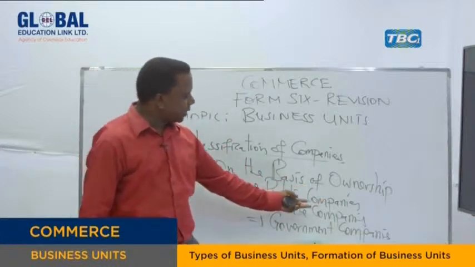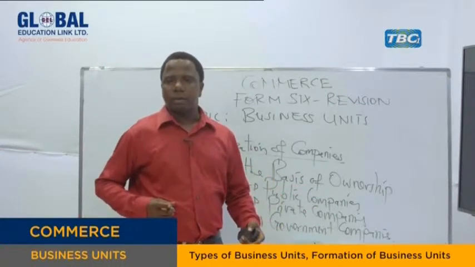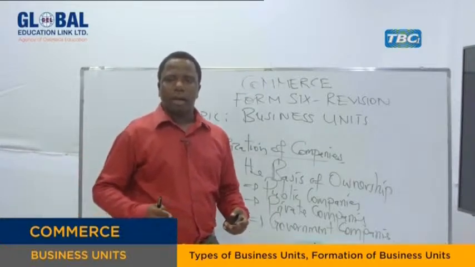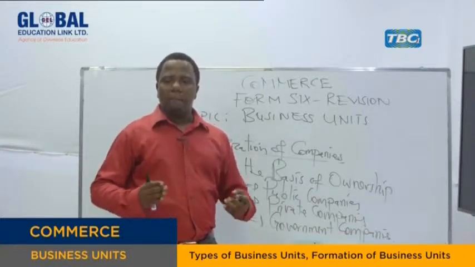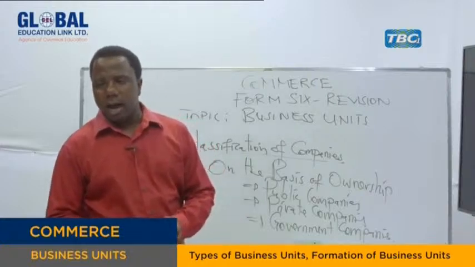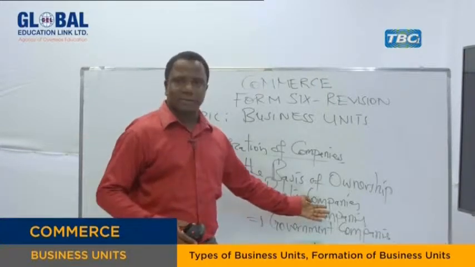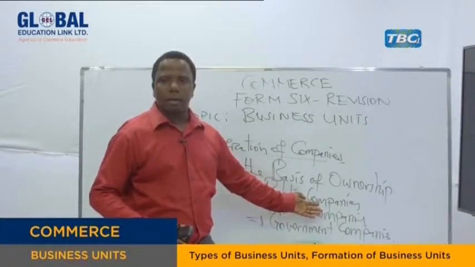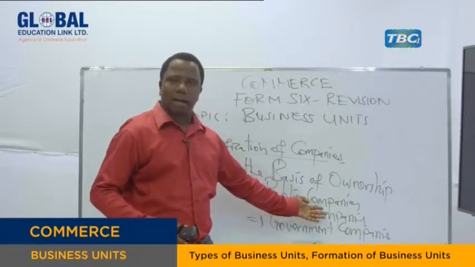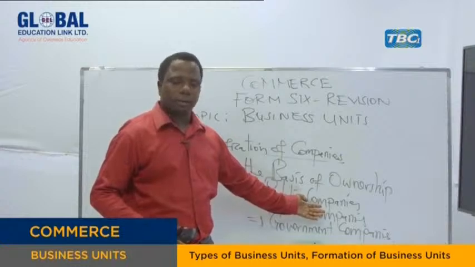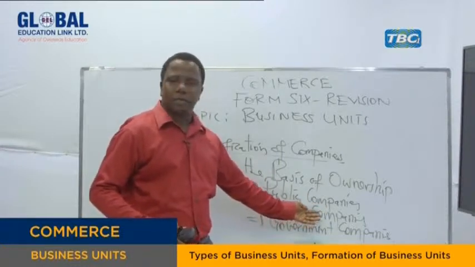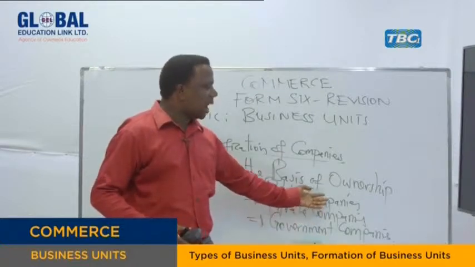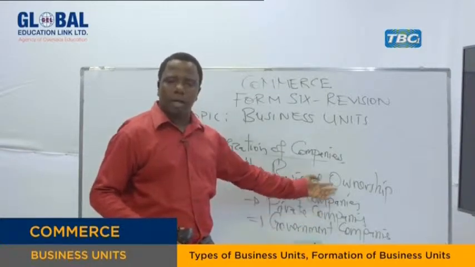While private companies are companies owned by private individuals, and therefore members of the public have no chance of investing in these companies. Their number is limited. Under private companies, the maximum number is 50, while in public companies there is no limit.